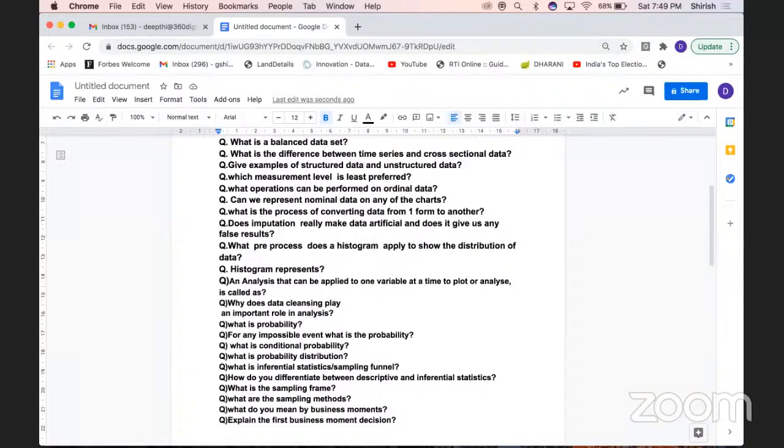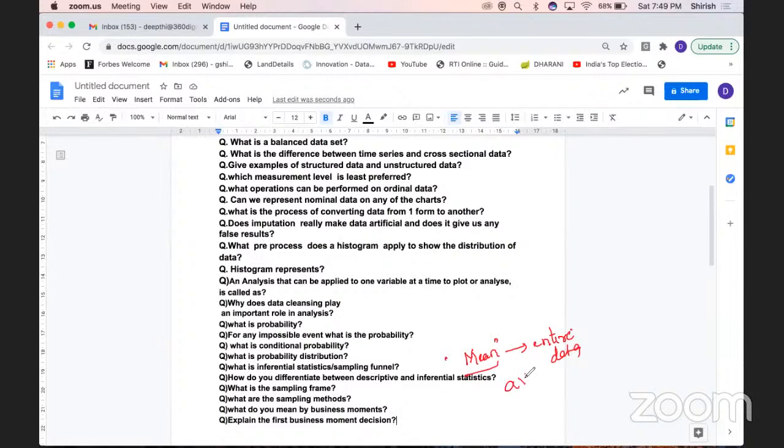Whatever you calculate here is your representative value. The mean is nothing but the representative value of your entire data. By looking at one single calculation, you get a lot of information.